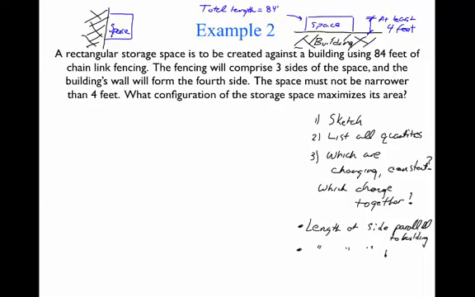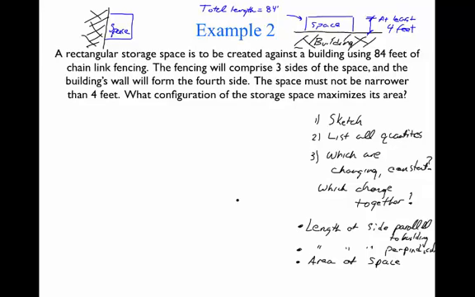So there's two different lengths: the length of the side parallel to the building and the length of the side perpendicular to the building. Area of the space is important. What other quantities are involved?